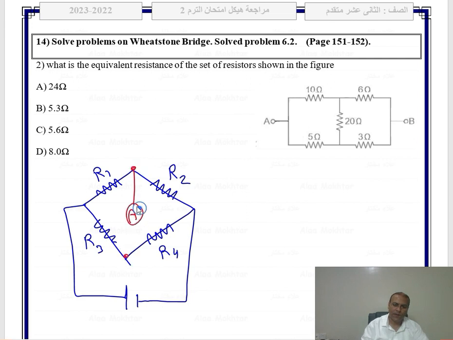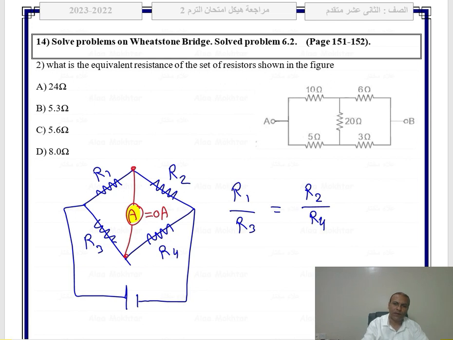If there is an ammeter in this bridge and the ammeter reads 0 amp, it means R1 over R3 equals R2 over R4. If the ammeter reads 0, any resistance in this branch we can neglect. We can delete it, because there is no current passing through it.